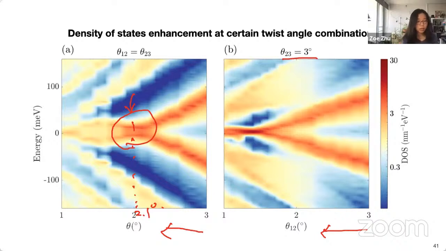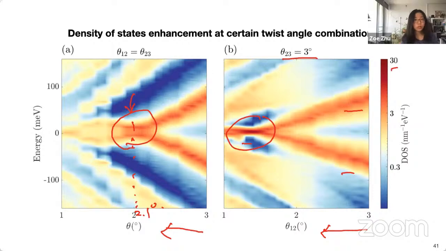And finally, they touch at this value, and the two peaks completely merge. Also, the magnitude of the density of states is an order of magnitude higher compared to the large twist angle values. And note the log color scale here.